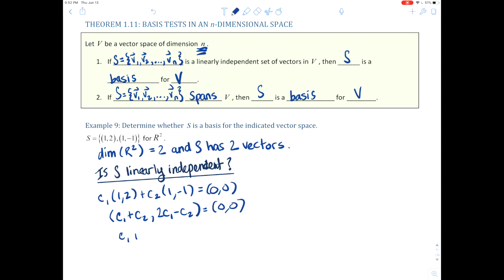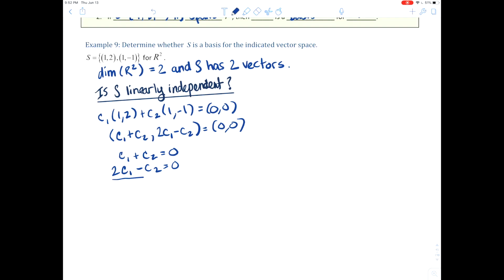Setting up our system, we have C1 plus C2 is 0, and 2C1 minus C2 is 0. Well, we can just add these two equations, and we'll get what? 3C1 is equal to 0, so C1 is 0. Well, if C1 is 0, what's going to happen? You'd have 0 plus C2 is 0, so C2 is 0.